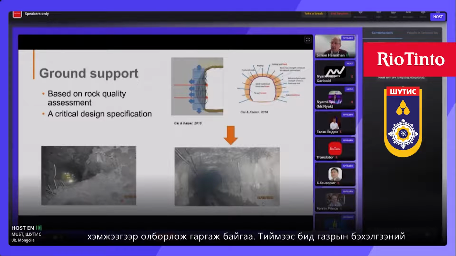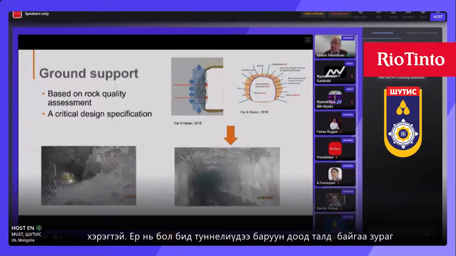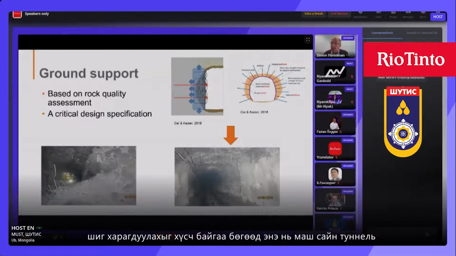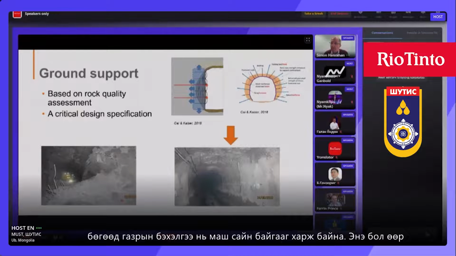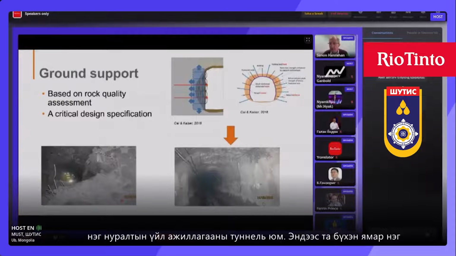Ideally, we want our tunnels to look like the bottom right-hand figure there, which you can see is a very nice tunnel, well supported. This is a tunnel from a sister caving operation, so you can see that there are no breakaways or tunnels developed off it yet. So that's a good example of the ground support that we really want to and need to install.